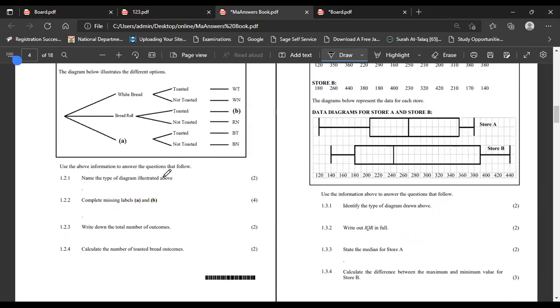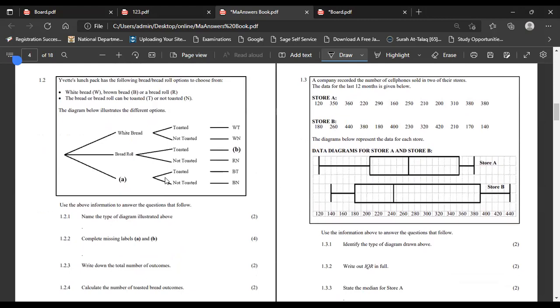Let's go to the next question. The next question is here. It's asking us to name the type of diagram that we see up here.